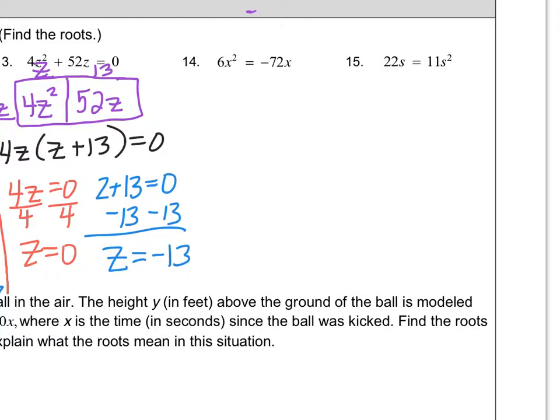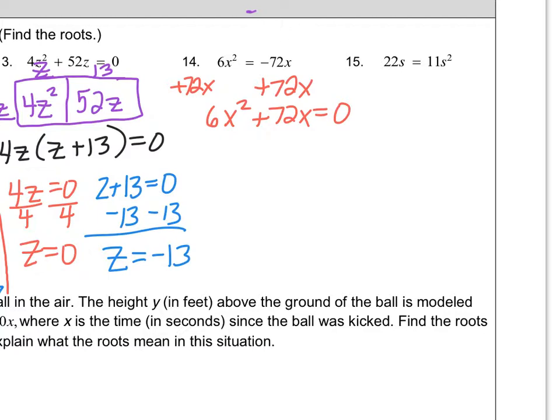What would I have to add to negative 72x to make it 0? Well, I would add the opposite, so plus 72x. And I'm going to have to do that on both sides. So my new equation is going to be 6x squared plus 72x equals 0. And then from here, I'm ready to follow the rest of the steps.